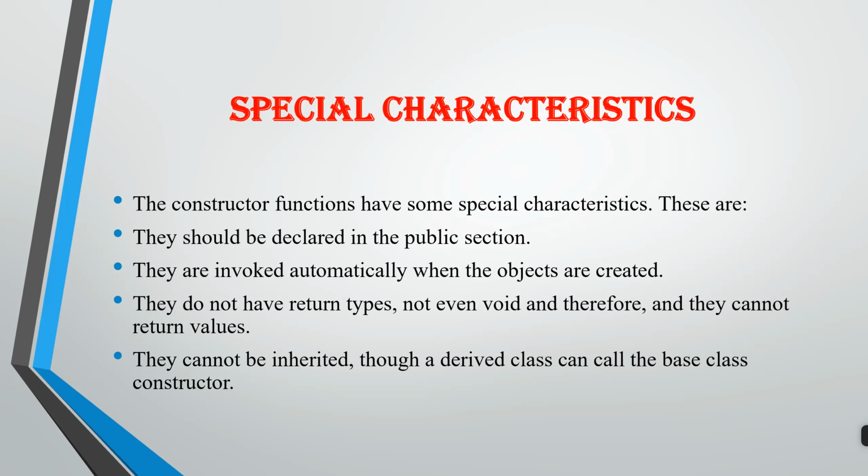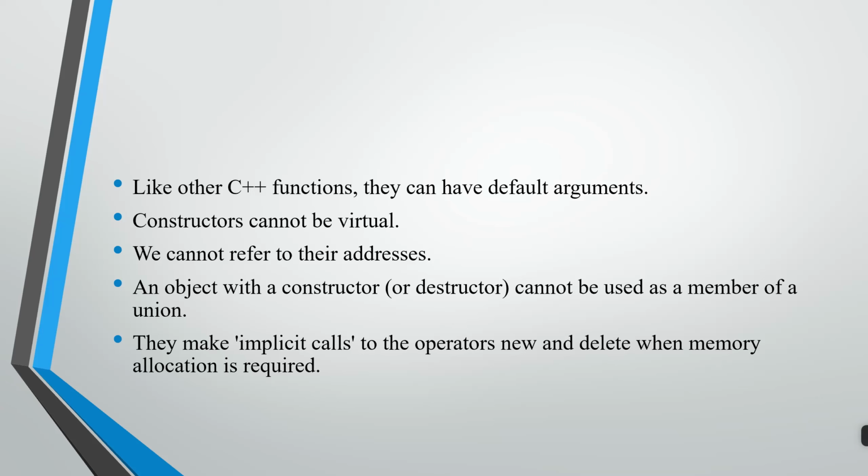At the same time, the constructors cannot be inherited. You cannot take the constructor of some other class. So you cannot derive a class with the constructor whatever is defined in the base class. So constructors cannot be inherited. Constructors can have a void as well as they can have an argument also. Constructors cannot be virtual.